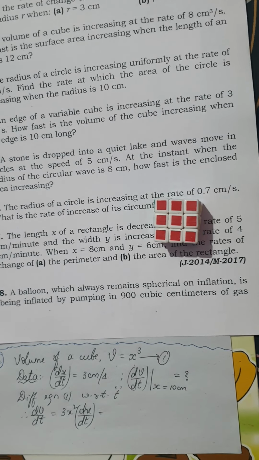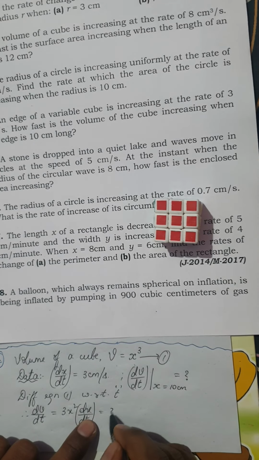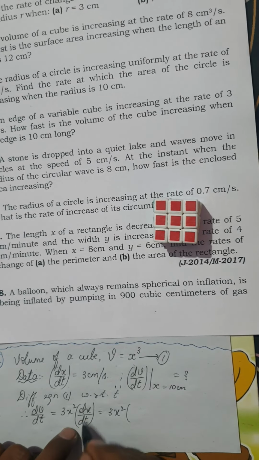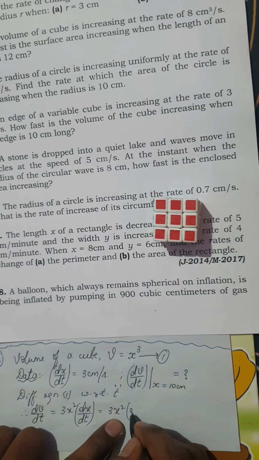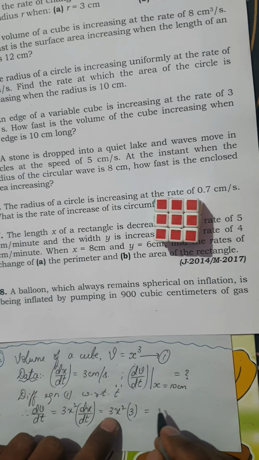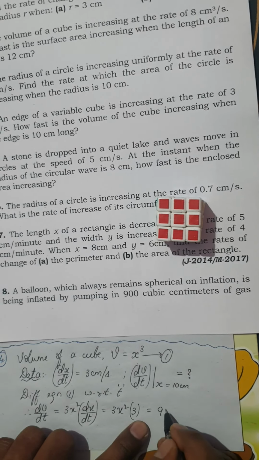So this is nothing but 3x square into, what is dx by dt? I have it here, it is 3. So this is 3 times 3 is 9x square. So dv by dt is 9x square. But I have to find out dv by dt at x is equal to 10.